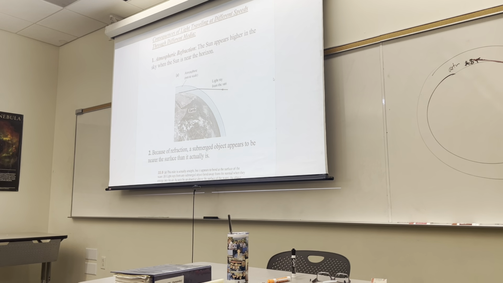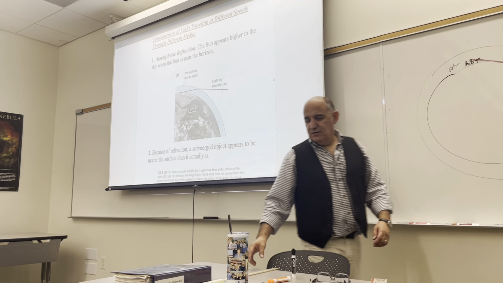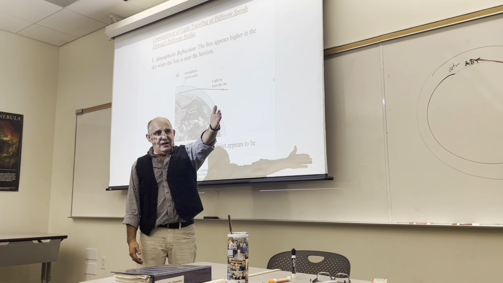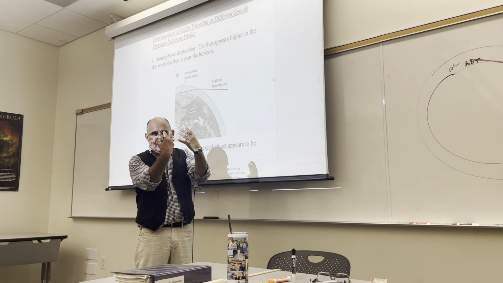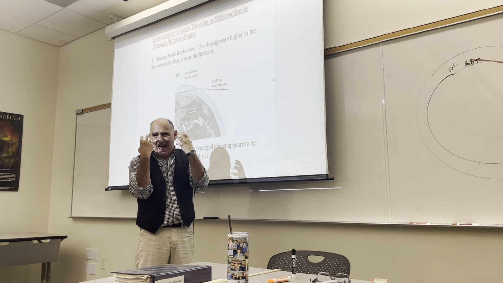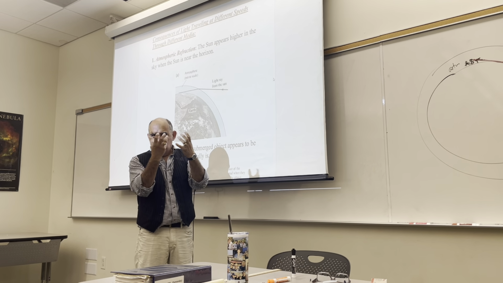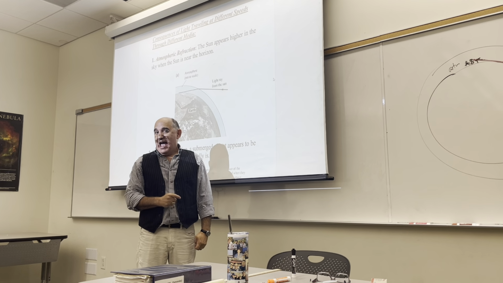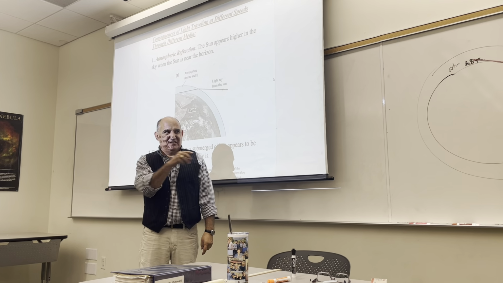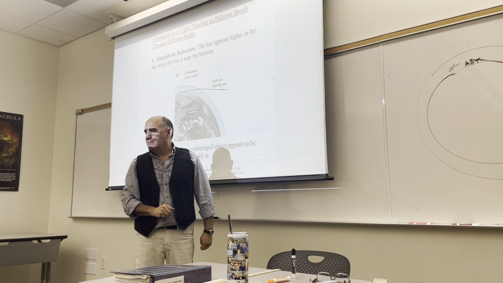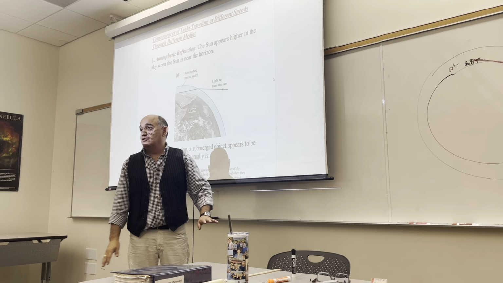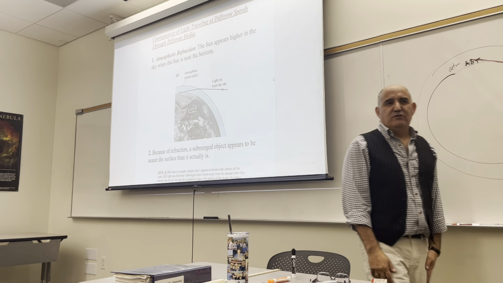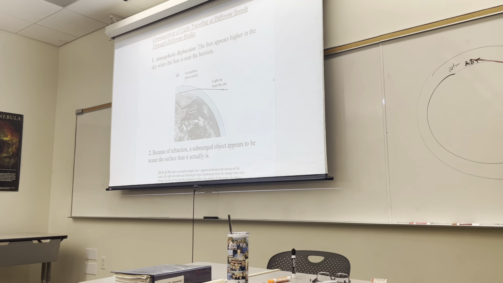If I'm here and I'm looking at the sun, those are photons of light that are entering my eyes right now, but those photons of light left the sun more than 8 minutes ago. And during those 8 minutes, since it only takes like 3 minutes to set, it went down. So for sure, it's over the horizon when you're looking at the sun.